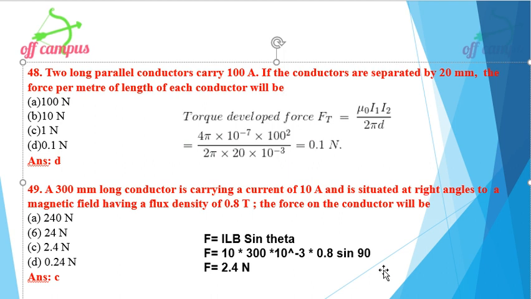Sine 90 is nothing but 1. So by solving, 10 power 3 plus 3 minus 3 will cancel. Then 3 into 0.8 is 2.4 Newton. So F equal to 2.4 Newton is the right answer.